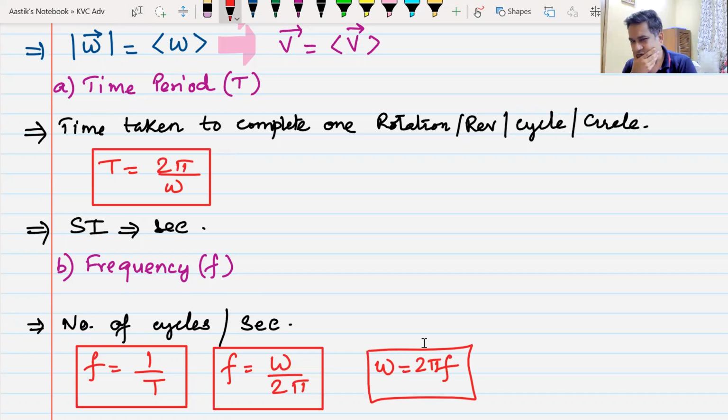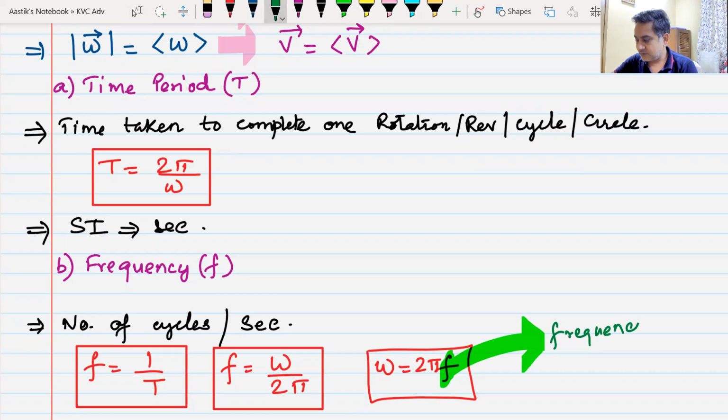If the motion is not uniform, this does not hold. Now, this omega is definitely your angular velocity. But if you look at the third equation, what is this F? F is frequency.